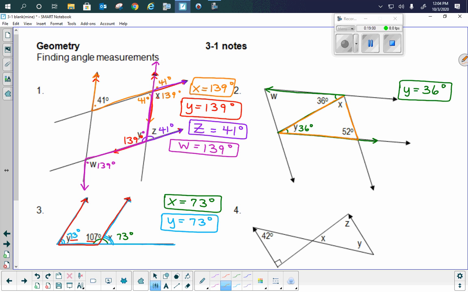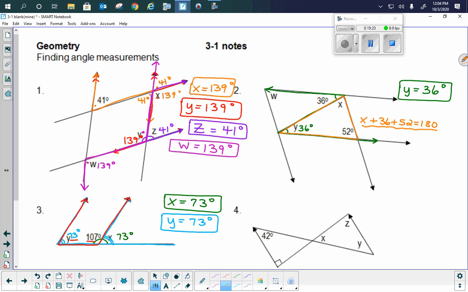I now know that X plus 36 plus 52 equals 180, right? So you could solve that. To me, I just add 36 and 52, and I subtract from 180 to get X. That's the same thing you're going to do with this algebraic equation.